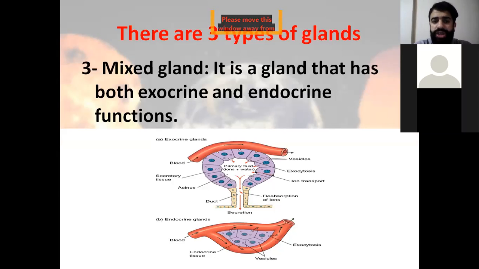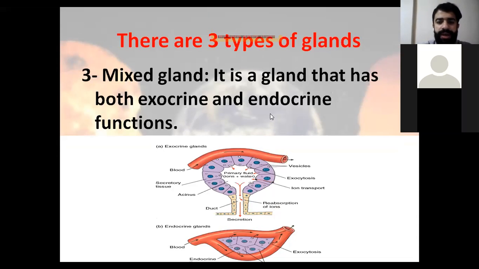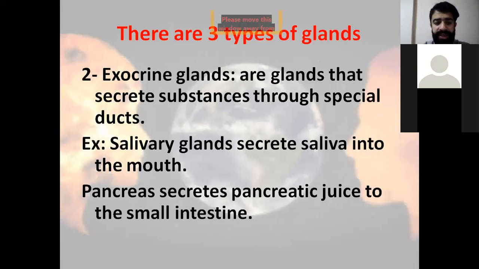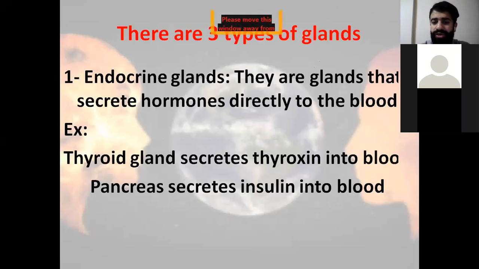The third type of gland is called the mixed gland. So mixed glands have both endocrine and exocrine functions. If you notice, we have the pancreas in the endocrine, and we have the pancreas also in the exocrine. So in the endocrine, the pancreas secretes insulin into the blood. So it secretes hormone into the blood.